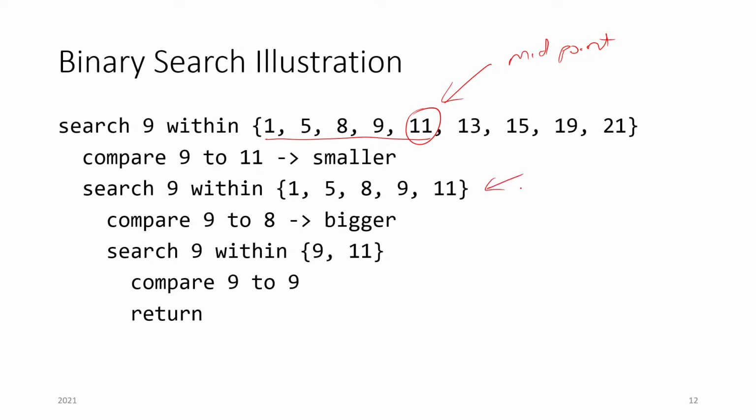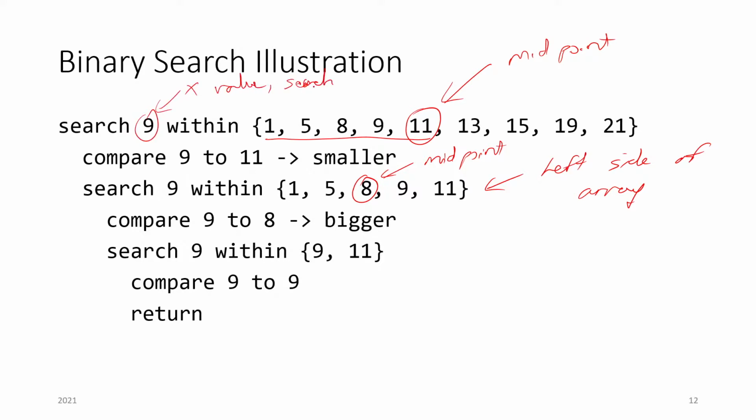This here is our left side of the array. We choose the next new midpoint here, and we do the comparison. So comparing the midpoint to our search value, or x value, we see that it's bigger. So then we only focus on this side of the array instead.